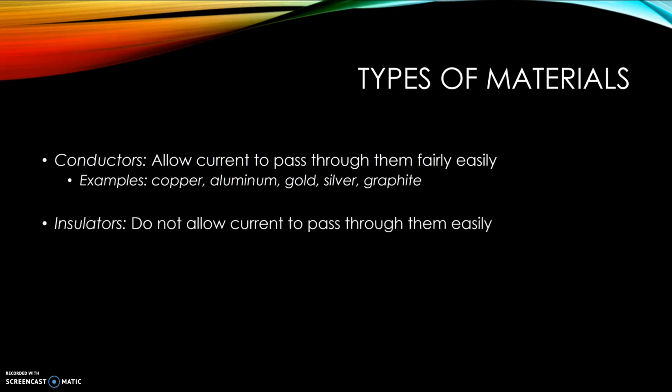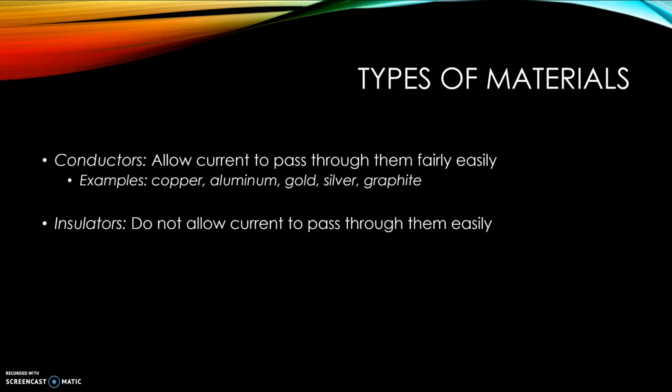Then there's the other class of compounds, which we call insulators. When you put a voltage across them, current doesn't pass through them easily. It's not that current can't get through them, it's that it's extremely difficult for them to pass a current. A lot of times we'll put an insulator around a conductor, like, say, a wire, because we want to protect it from coming in contact with other wires, or maybe protect ourselves from touching the wire and getting a jolt.